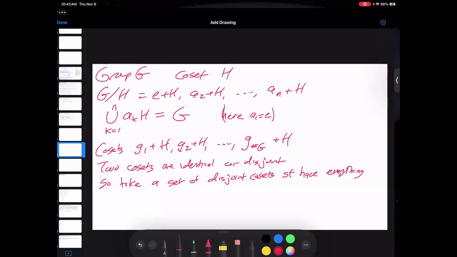What's the simplest subgroup H you could take? G, and the other simplest one, the identity E. If H equals E, then N is just going to be the size of G, and every element is going to be its own coset.